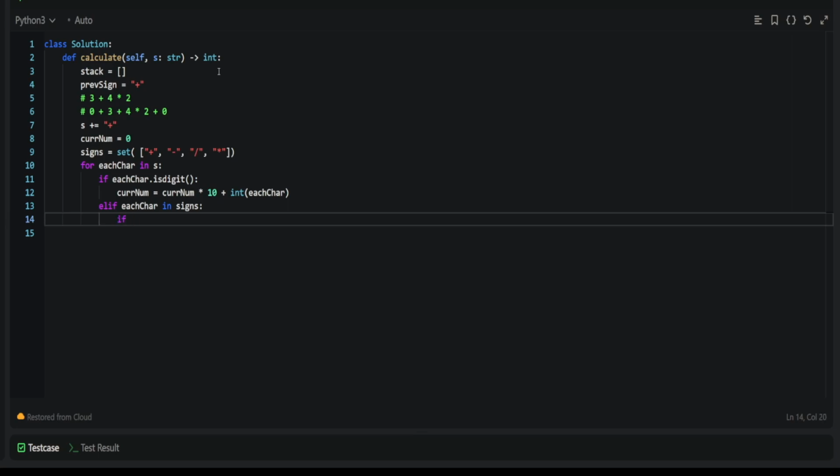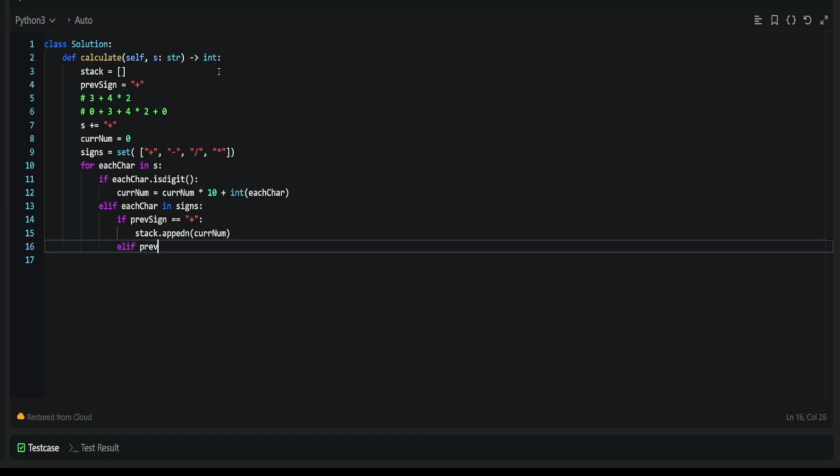Since it's a sign, we look at the previous sign. If prev sign equals plus, we just append it to the stack. If it's minus, we append the negative value of it.